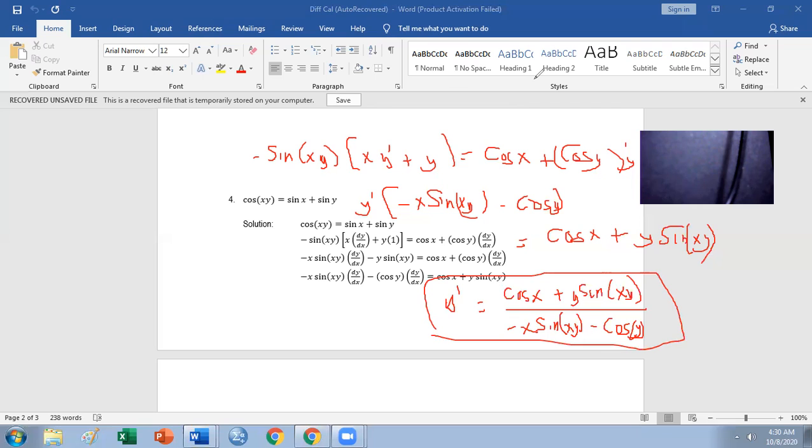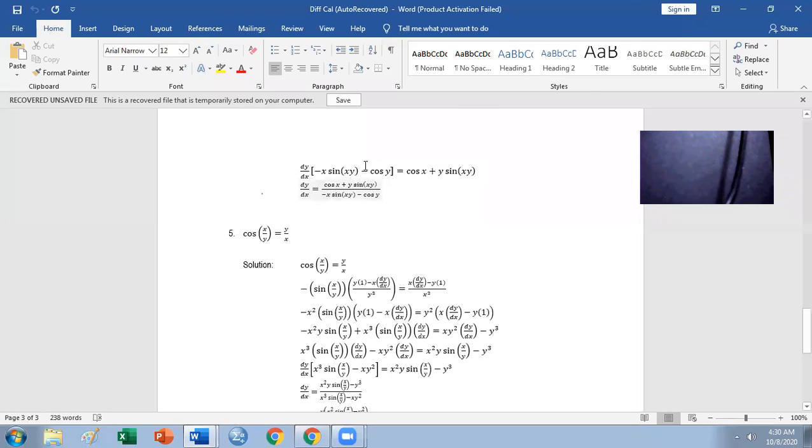So let's have another. Cosine x over y is y over x. A derivative ng cosine xy is negative sine of x over y times the derivative of a quotient. That will be what? Y squared.